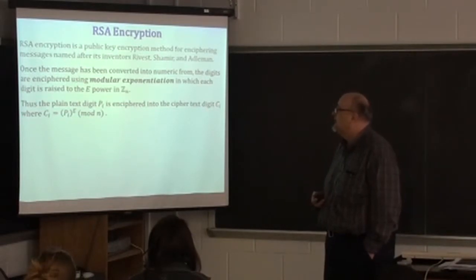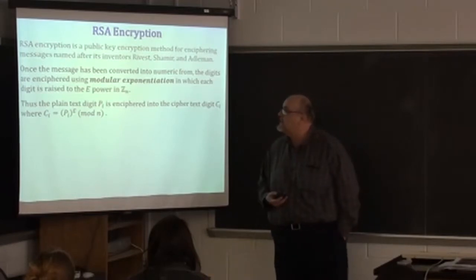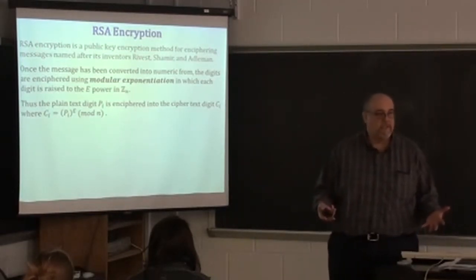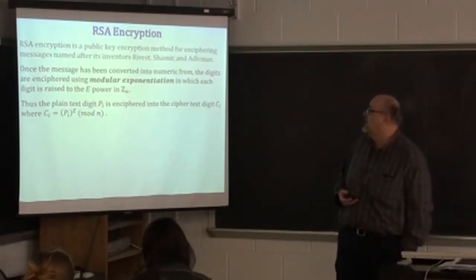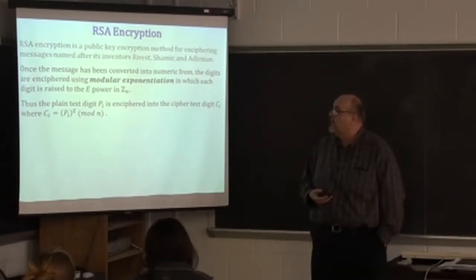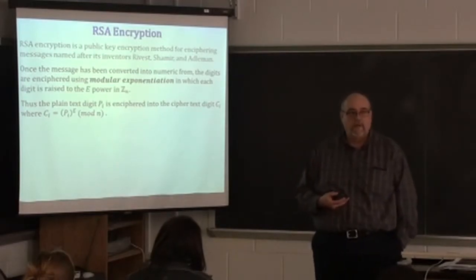Plain text digit is going to be symbolized with P sub i, because we don't know how many digits are going to be in this message, so we'll talk about the general one. P_i is ciphered into ciphertext digit C_i, where C_i is P_i to the eth power mod n.